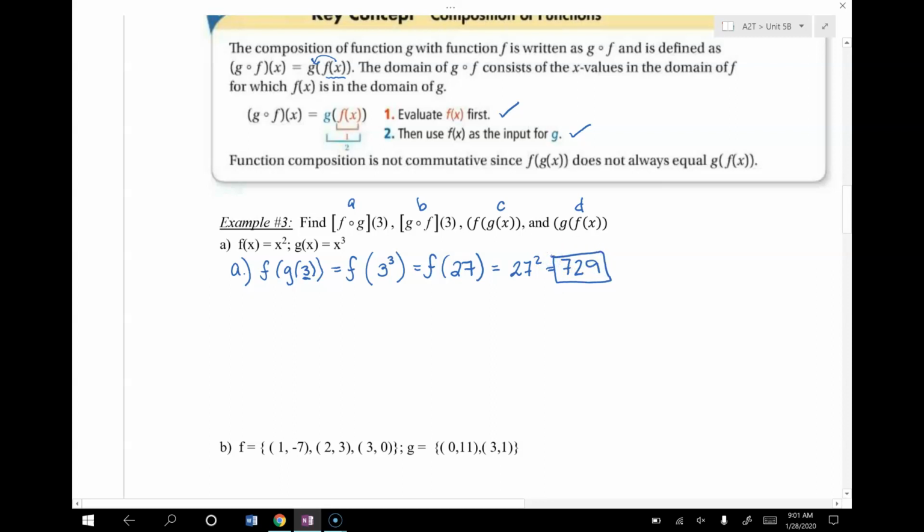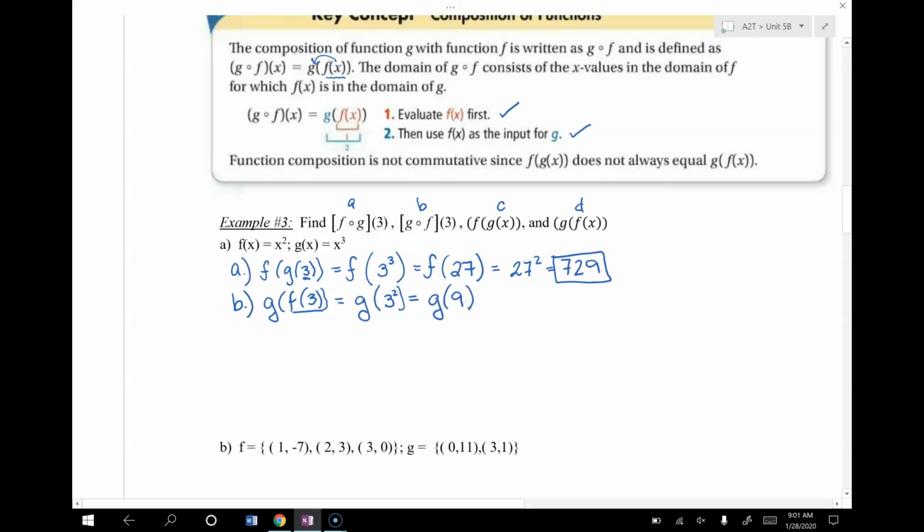Composition of functions: you take one, evaluate it for the given numerical value, and then substitute it into the next. So let's take a look at B. Now it's g of f of 3. I know that because it's the open circle. So I'm going to evaluate f when x is 3. Okay, work from the inside out. So g is still on the outside. f of 3, f of x is x squared, so I have 3 squared, which is 9.